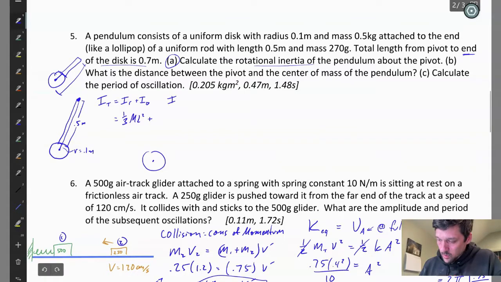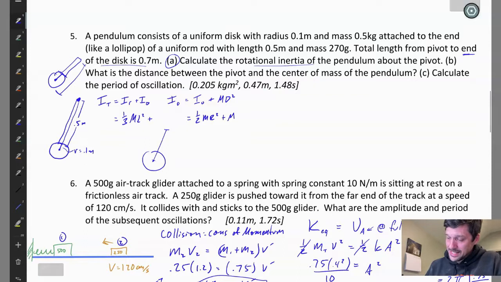And so we need to determine the moment of inertia using the parallel axis theorem. So the disk is going to be its original moment of inertia, as if it was just rotating around its center, plus md squared. So what's a disk around its center? That's 1/2 mr squared plus that mass again times d squared.